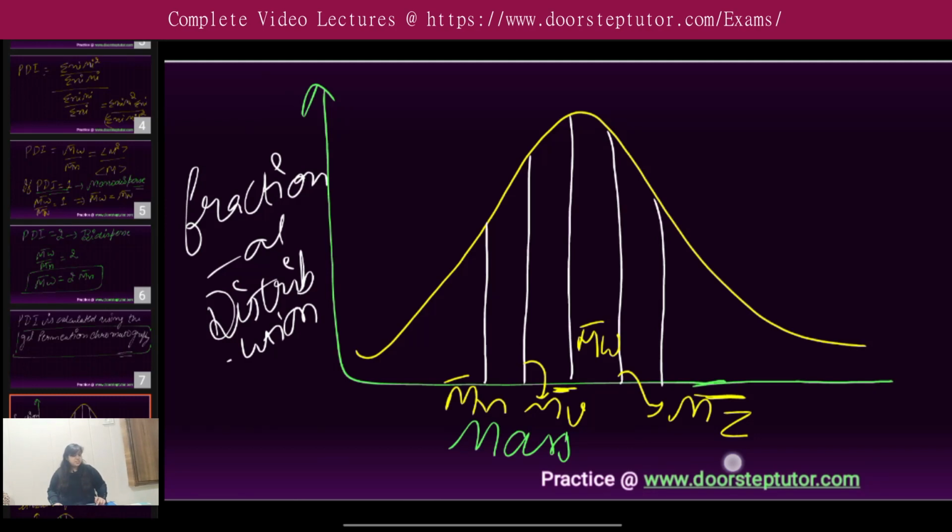That is why Mz is on the extreme right-hand side. From the formulas, Mn is the summation of NiMi upon the summation of Ni, which is the least compared to all of these masses. Mz is the summation of NiMi cube upon the summation of NiMi square. That means in the numerator there is a cube of the masses, so this is going to be the maximum mass. And for Mv, the alpha value is raised as a power in that term.